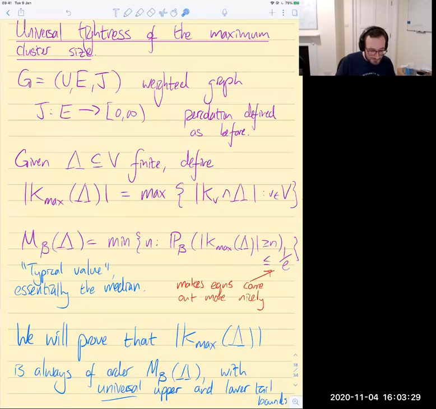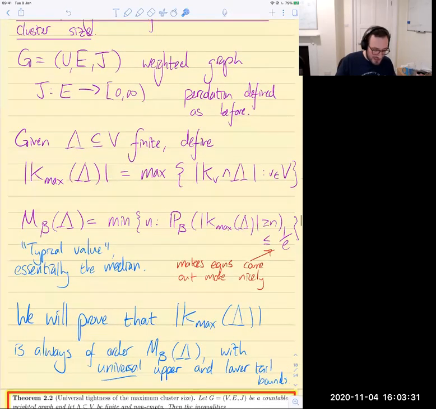And I'll take some set lambda, which is contained in the vertex set, and it's finite. And I'm going to consider this random variable. I'll fix some value of beta and consider the random variable that I write like this, and it's just the size of the biggest cluster in lambda. It's slightly abusive notation because there might be more than one biggest cluster, but the size of the biggest cluster always makes sense.